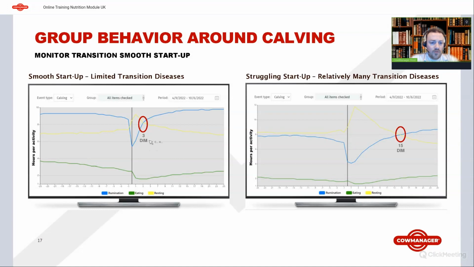Those cows won't show deviation of behavior already before calving, but we can still screw up after calving, and that's what happens on this farm. And that leads to more transition diseases after calving, even though not all of those were flagged already before calving.